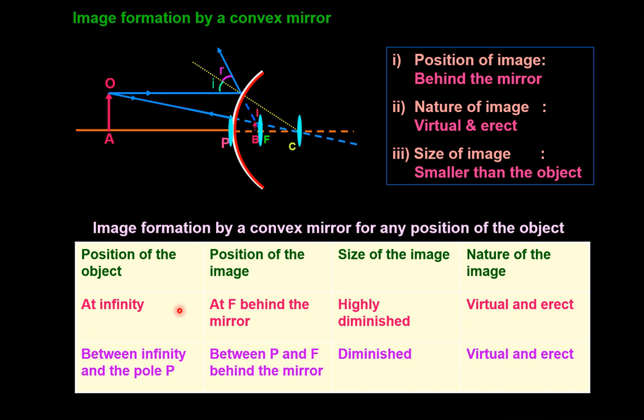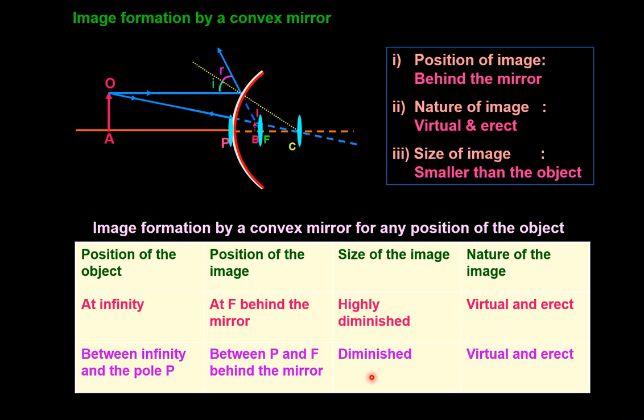Now some of our students may have a doubt: why can we not use a convex mirror for that purpose? The answer is, we cannot use a convex mirror. Why? Because yes, we know that a convex mirror can produce a virtual and erect image, but at the same time it cannot produce a magnified image.